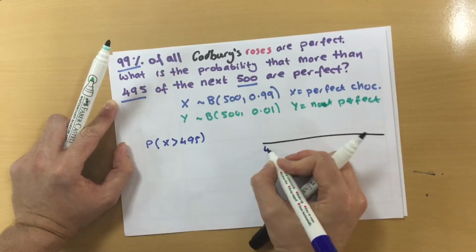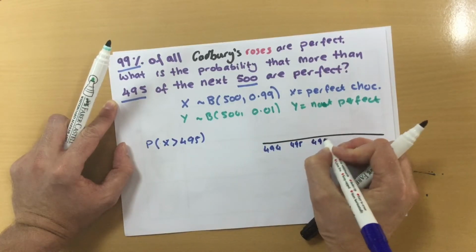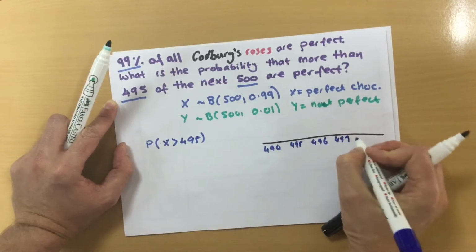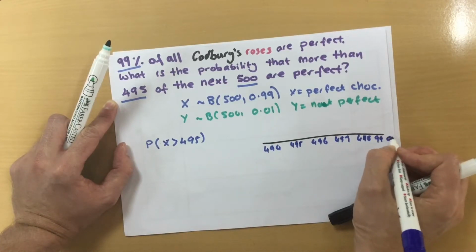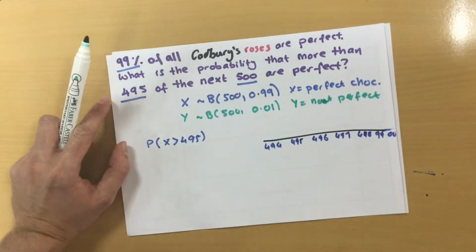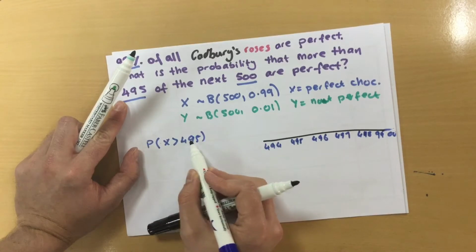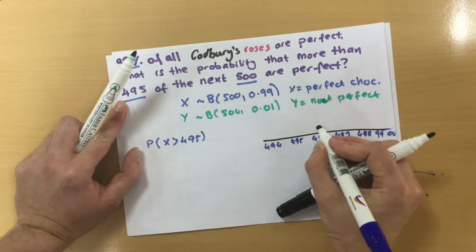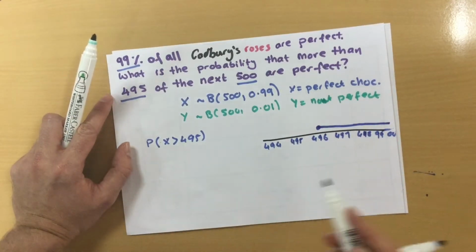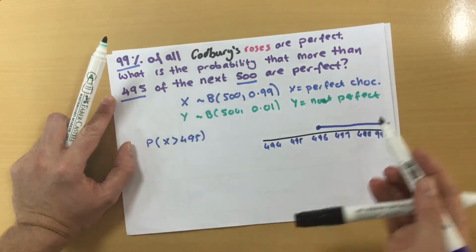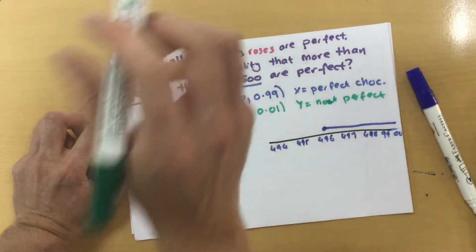So 494, 495, 496, 497, 498, 499, 500. More than 495, so it's not including 495, so it's 496 upwards. You want to know the chance that we get 496, 497, etc. perfect chocolates out.